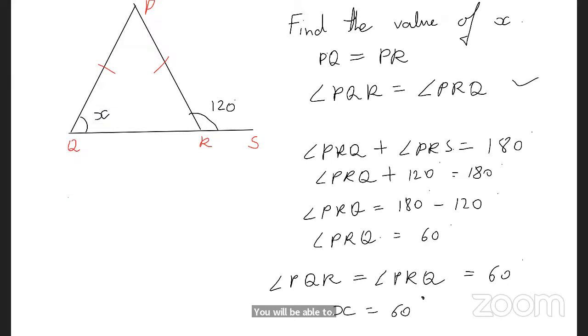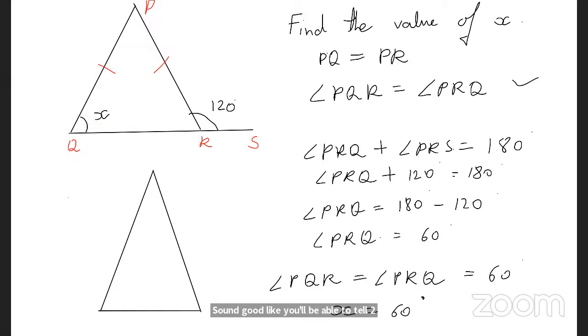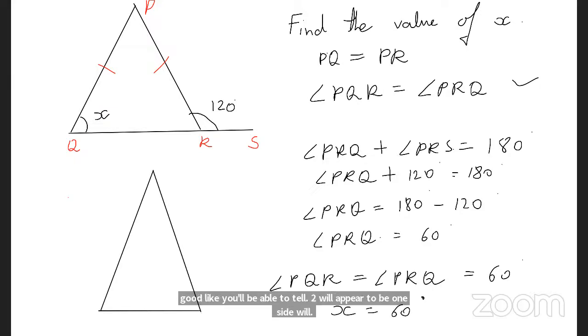If it is an isosceles triangle, it will be shaped somewhat like this. You'll be able to tell two sides will appear to be equal, and one side will be short or long. So you will be able to tell by looking at it.